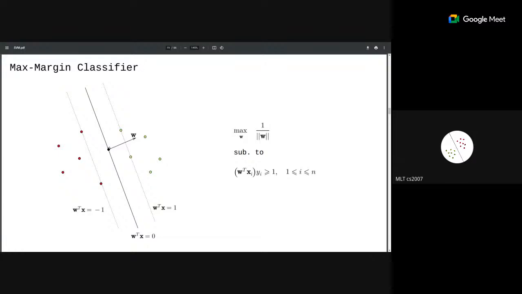How do we recast this? Is there a different way of writing this? We can change this into a minimization problem by just taking the reciprocal and squaring it, so we end up with this problem.